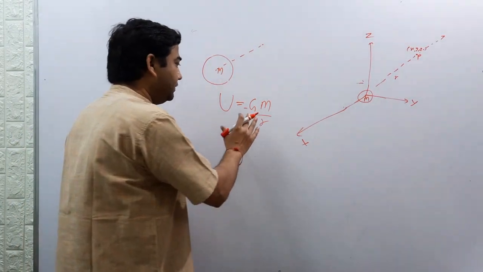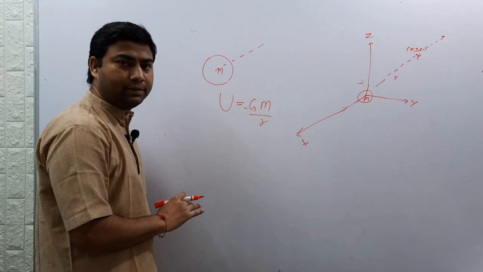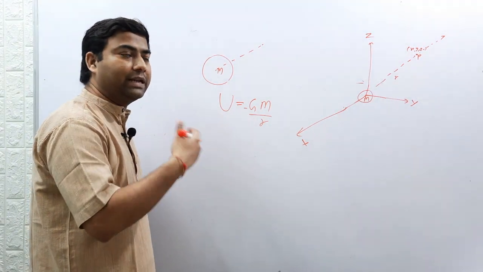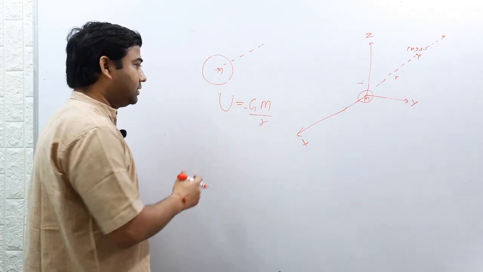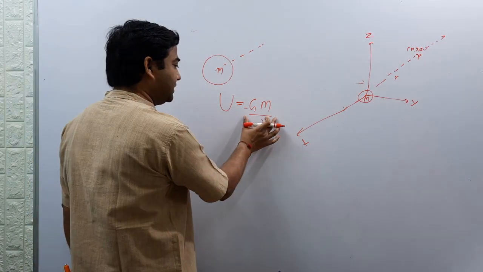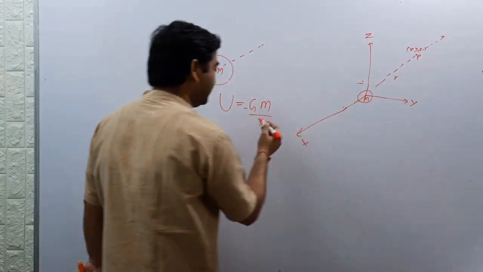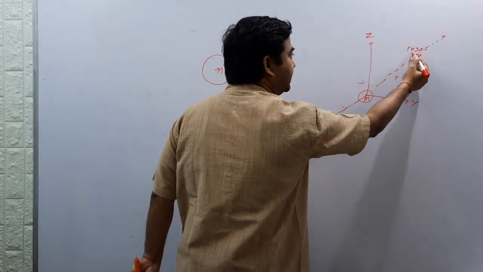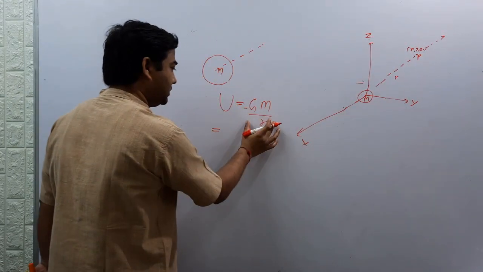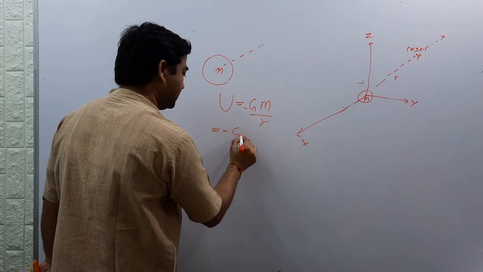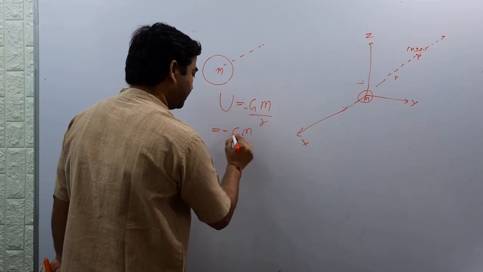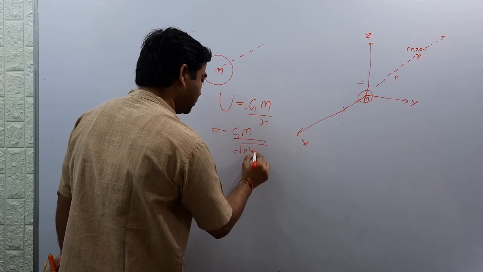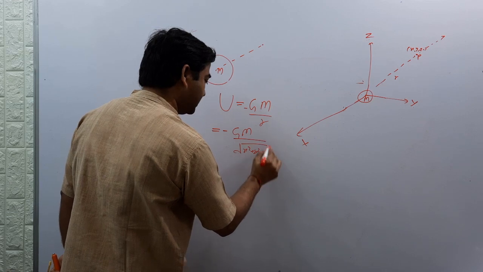So we will find the gradient of potential energy, and we will show that the gradient of potential energy is the gravitational field. So this potential energy at point P is given by this expression. The coordinates of point P are x, y, z. So this can be written as minus G m by under root x square plus y square plus z square.